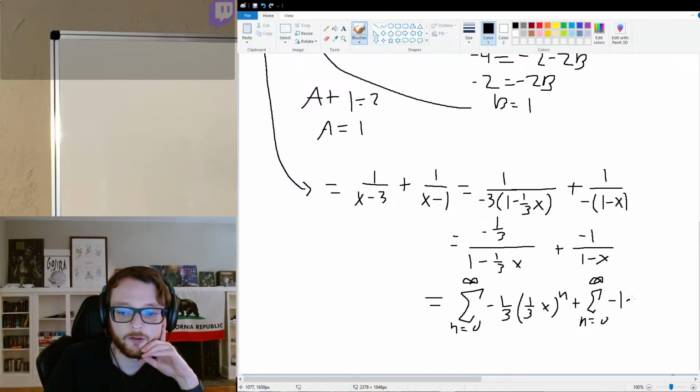Negative 1 times x to the n. These are both summations starting from 0, and they're joined by a plus. Well, technically there's a negative 1, but we can combine them into one summation.